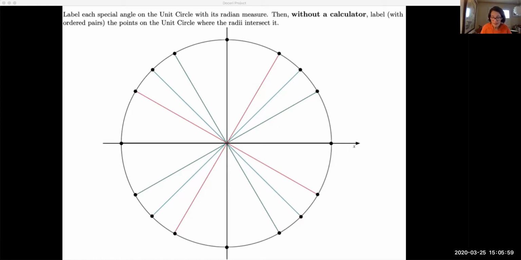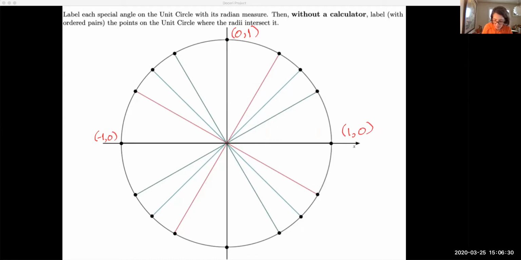So what it means is, we already have a couple of points. We have the point 1, 0 over here on the x-axis. We have the point on the y-axis 0, 1. And then the other one on the x-axis is -1, 0.